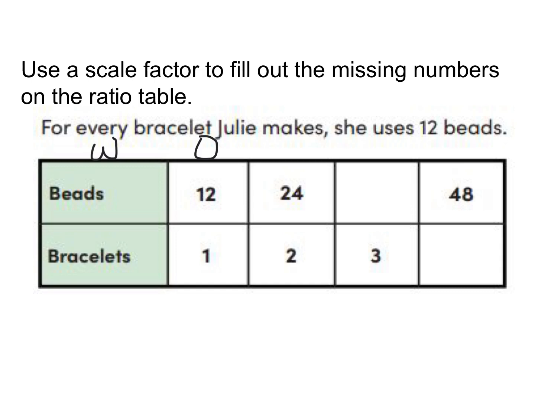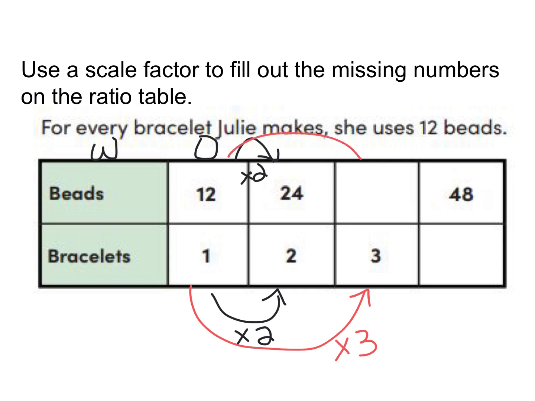So in order for us to go from 12, if I want to make 2 bracelets, I need to go to 2, so I multiply this by 2, and this one by 2, times 2, and that gives you 24. Now you could also go to 3 bracelets, so that's going to be times 3. So 12 times 3, this is going to be filled in by 36.